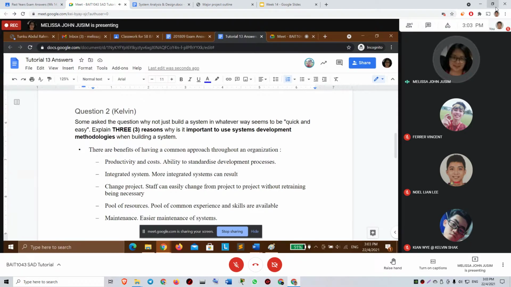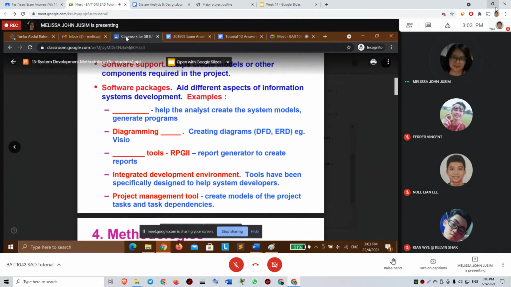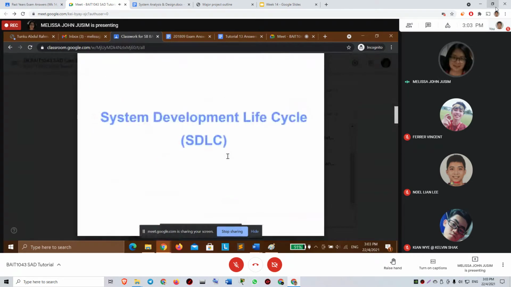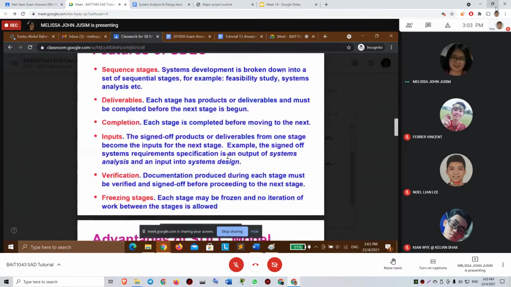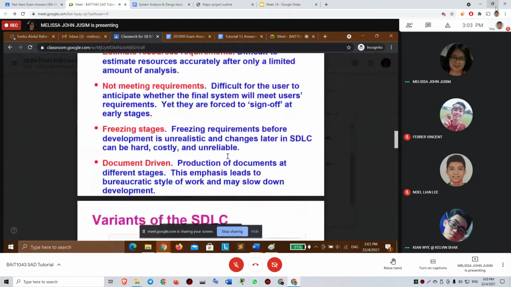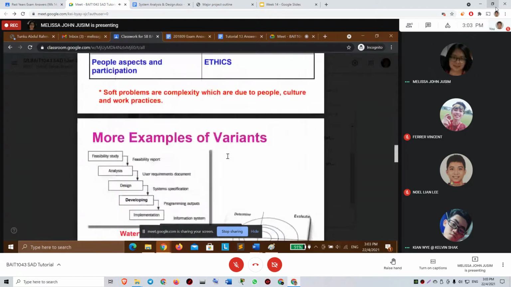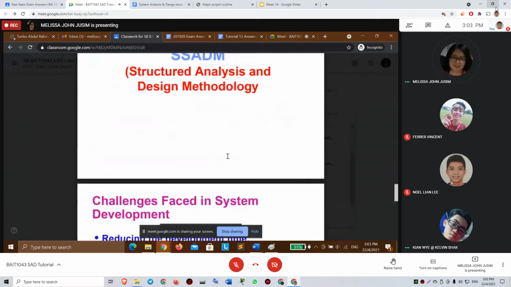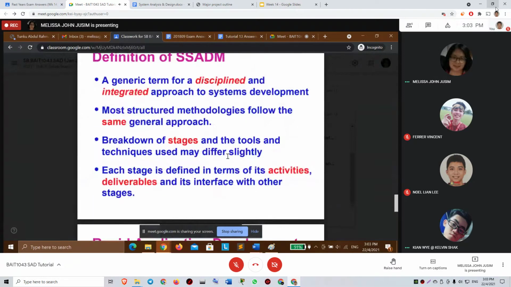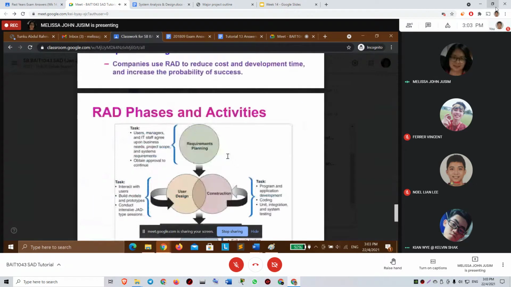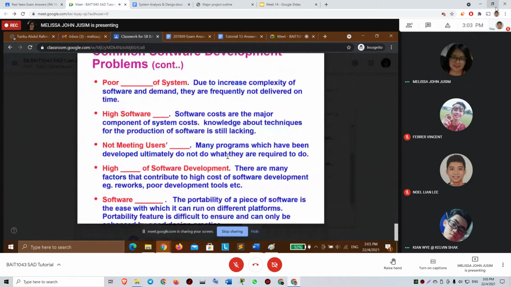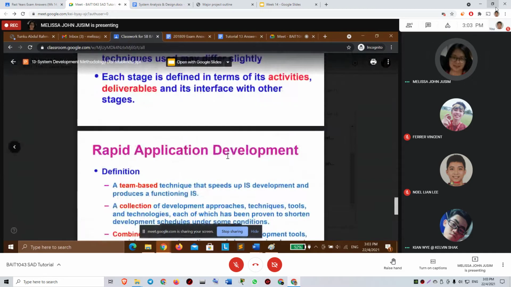From which part of the notes is this? I forgot. No, not in our notes.